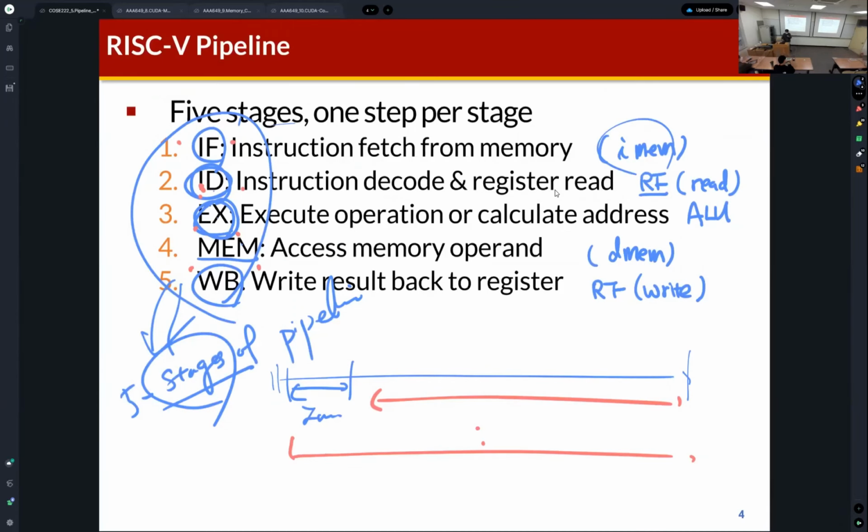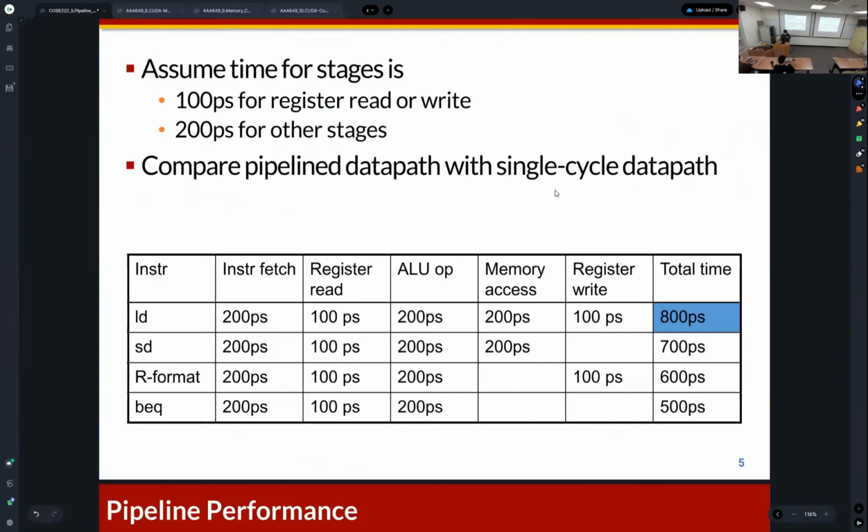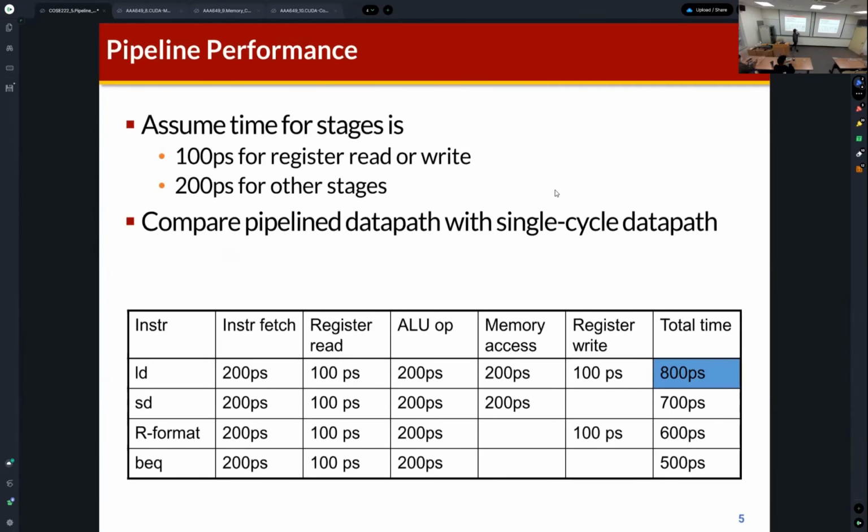Then what's the benefit of this pipeline design? We can reduce the delay of the critical path, the delay of the longest path for executing an instruction. This example is very similar to the last problem of the midterm exam, right? It shows the delay of each step.